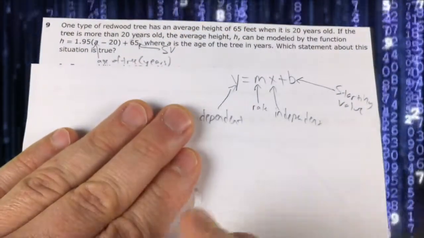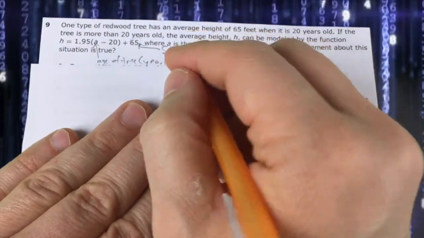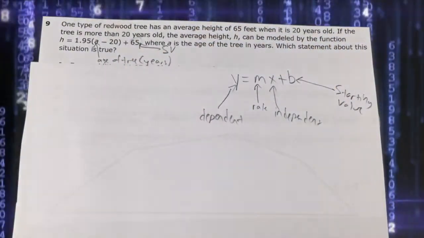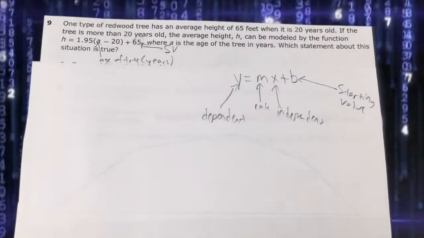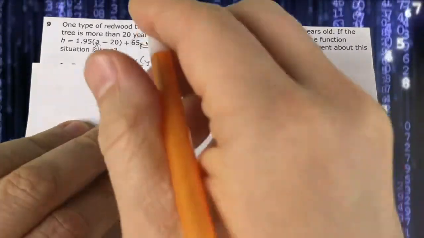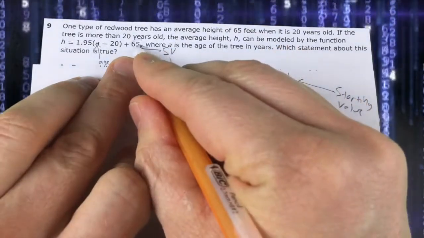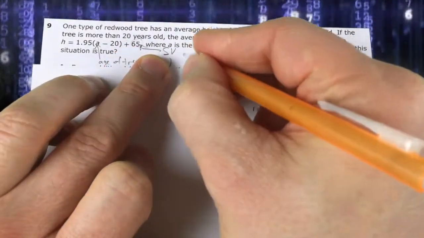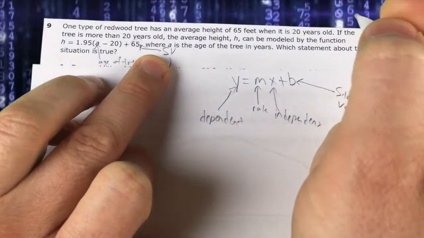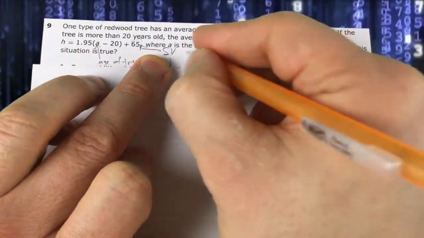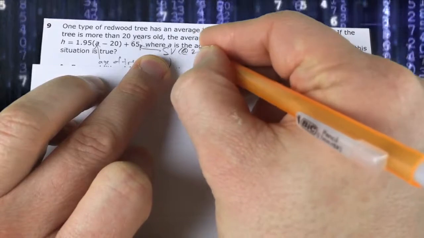I'm going to put SV for that. It's basically 65 at 20 years old.